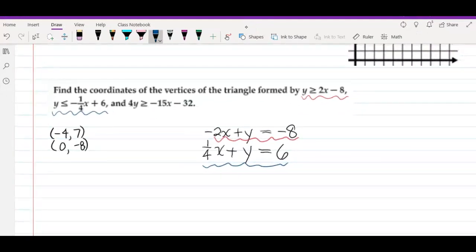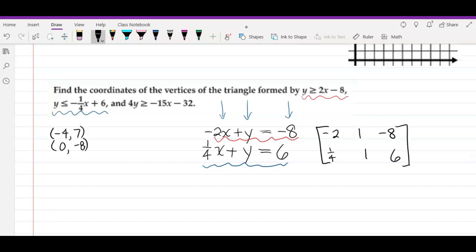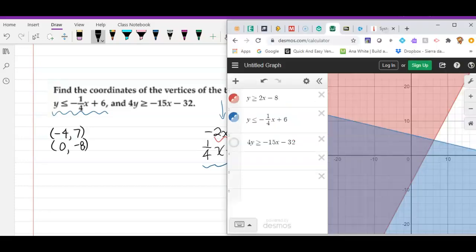They aren't officially in standard form, but we have x's, y's, constant. And that's all we need to put them into a system, into a matrix. So -2, 1, -8, 1/4, 1, 6. Let's go back to our matrix.